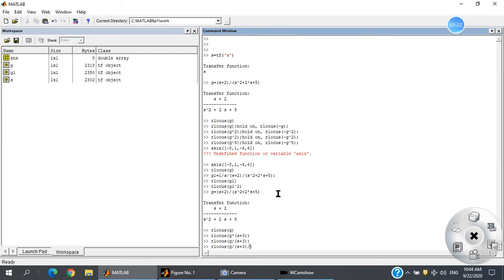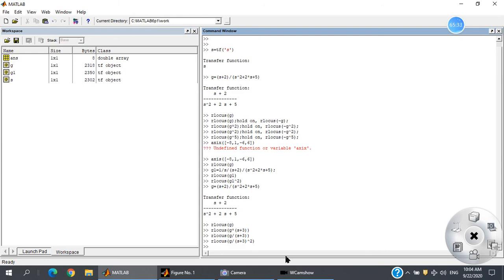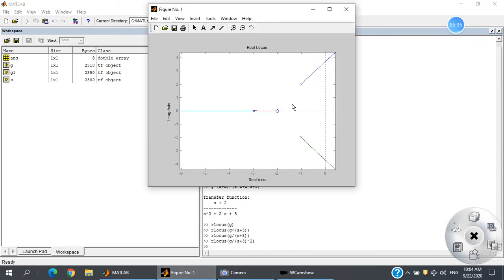Now I add one more, so I have a double pole at 3 and 2 more poles.